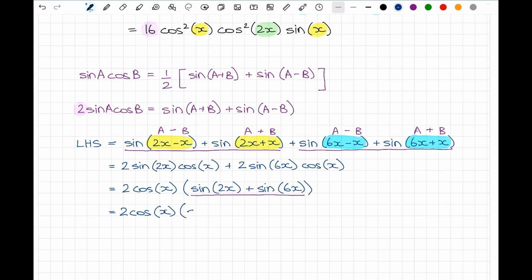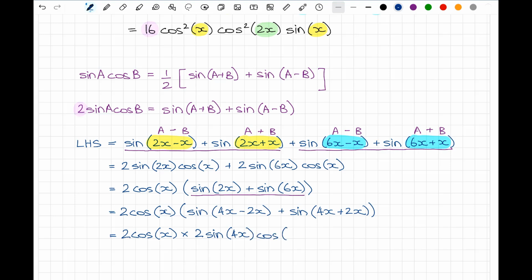and in the brackets we'll have the sine of 4x minus 2x plus the sine of 4x plus 2x. And now I'm going to use the same result that I did before. So I can say that the sine of 4x minus 2x plus the sine of 4x plus 2x is going to be 2 times the sine of 4x times the cosine of 2x.